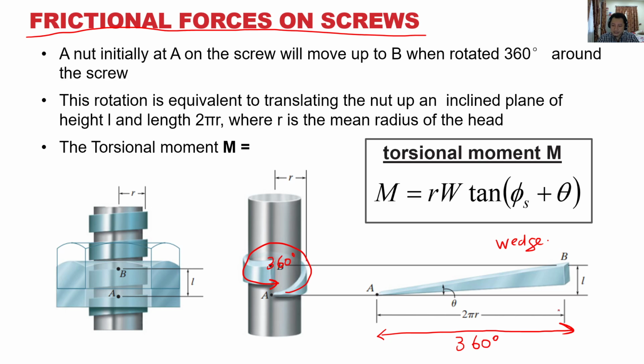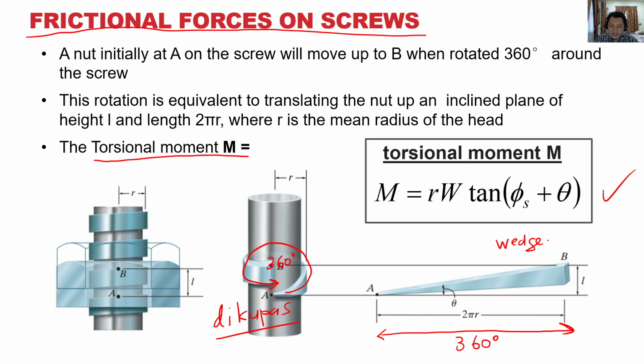It's like one long wedge being opened up, like being peeled when you take it out. So in order to get the torsional moment M, you can use this formula.